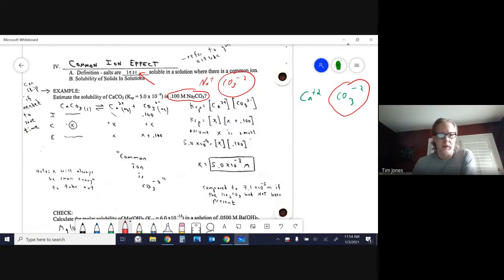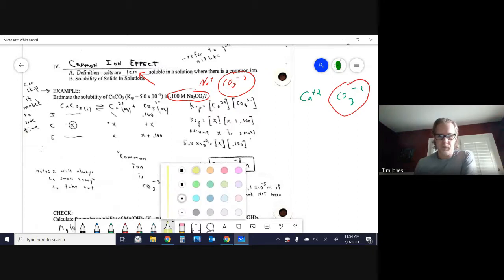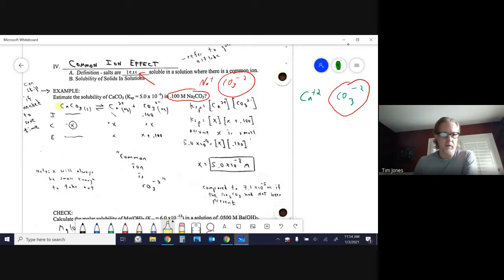Estimate or calculate the solubility of calcium carbonate in this solution. So you do it the same as if it was in pure water. You just have to factor in the concentration of the carbonate. So write out a typical equilibrium situation like I have.